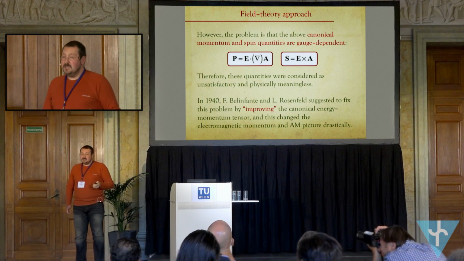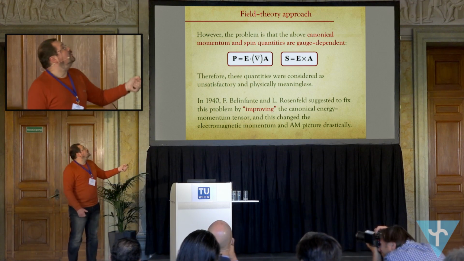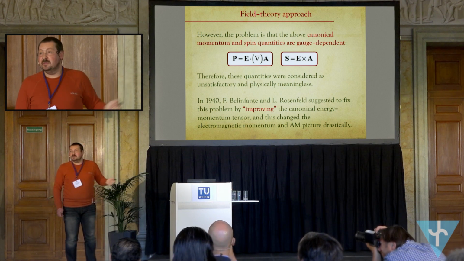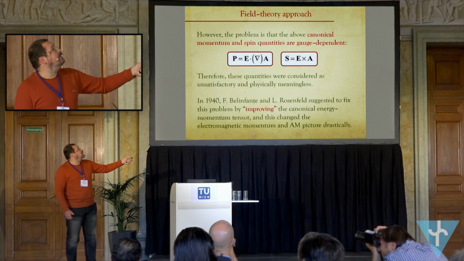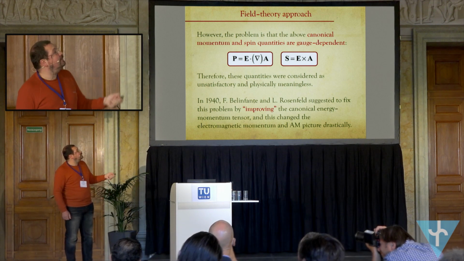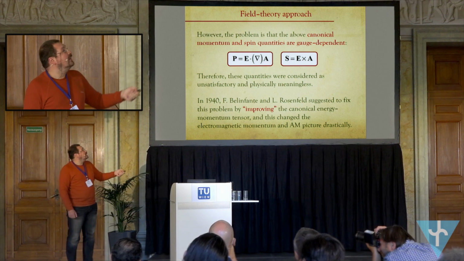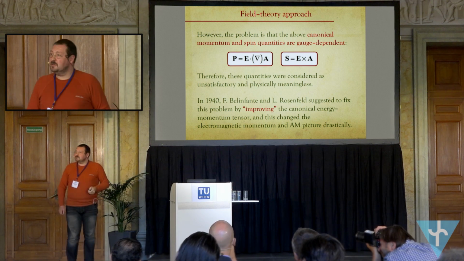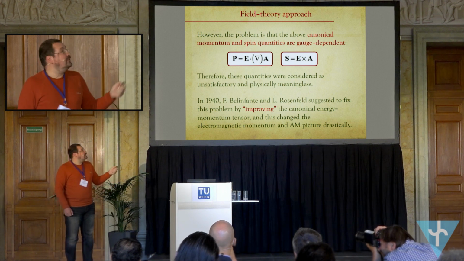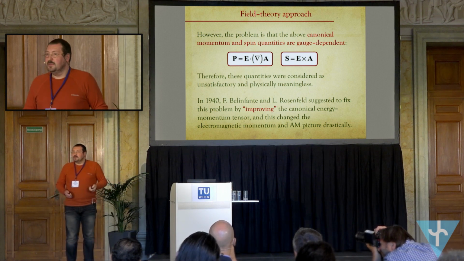But the problem is that these quantities we derive in relativistic field theory are gauge dependent. They explicitly contain the vector potential for the electromagnetic wave. And therefore, from the very beginning of field theory, they were considered unsatisfactory and physically meaningless. So field theory physicists tried to improve these quantities.